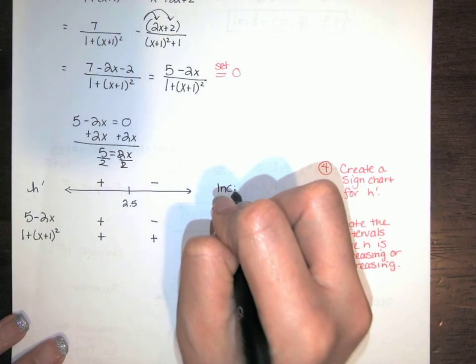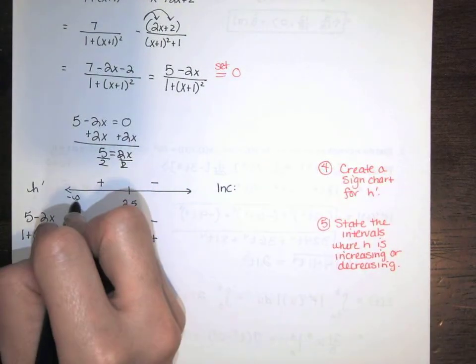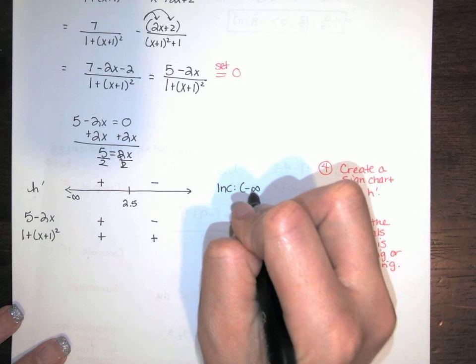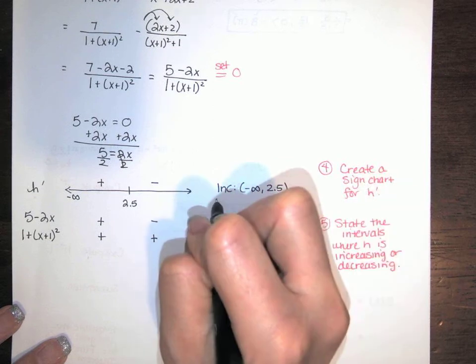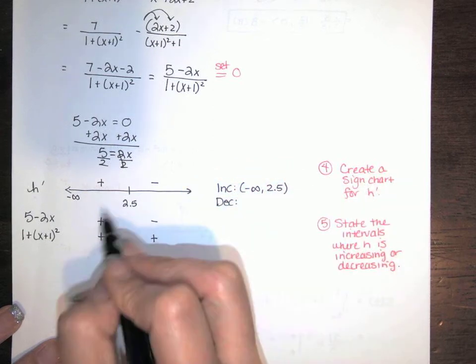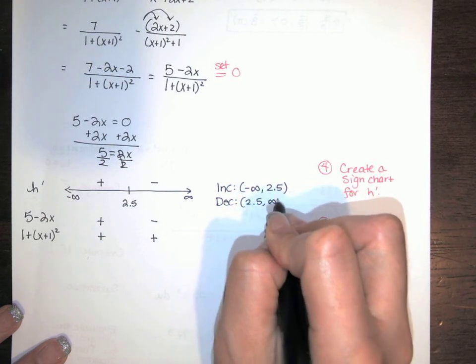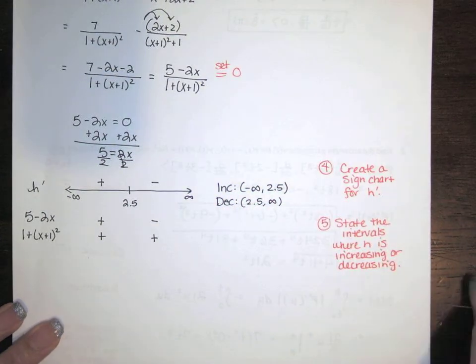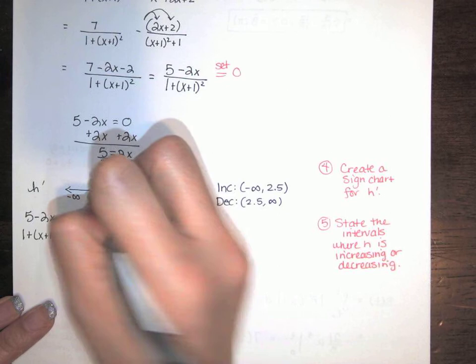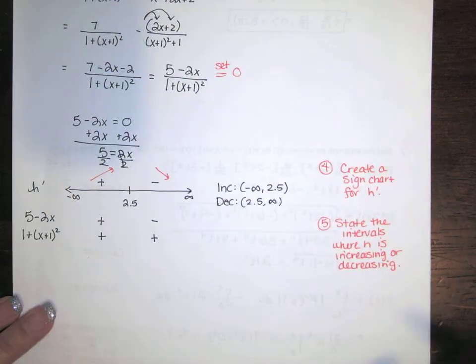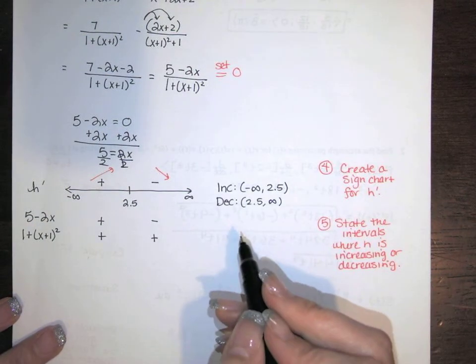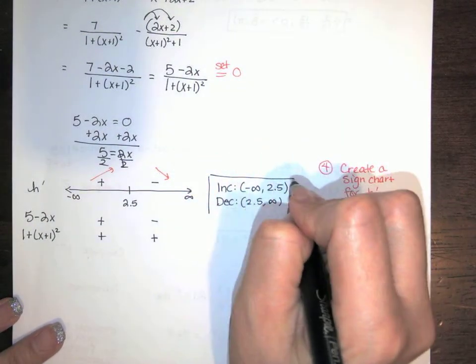Okay, so h is increasing on this interval from negative infinity to 2.5, and h is decreasing on this interval from 2.5 to infinity. So it's increasing over here and decreasing over here. That's good information that we're going to need later.